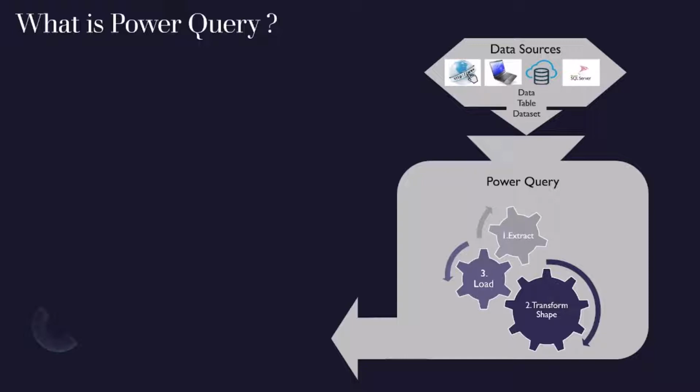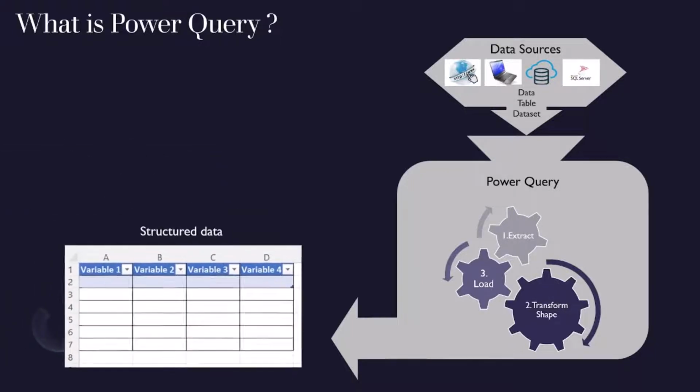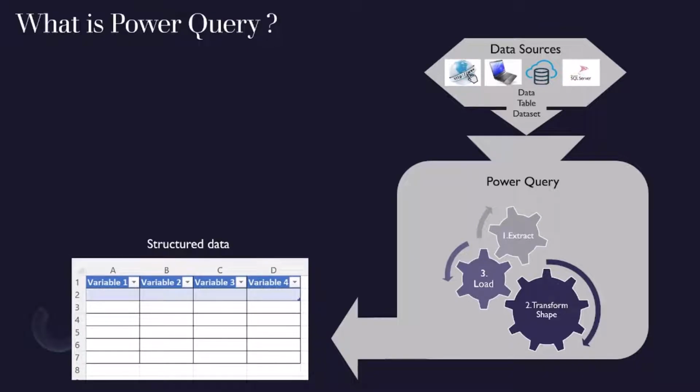And then once you are done with your transformation and shaping, you can load this data into a structured format like this. Meaning that you can structure your data in a way that you have different variables. For example, you have variable one in the first column, variable two in the second column, and each data point or observation is put in a row.